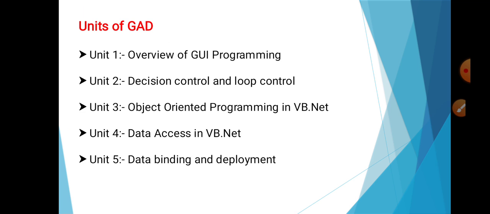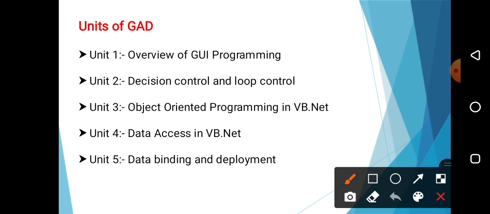So let's start it. Before moving on, let me tell you the different units of GAD. In GAD, you have a total of 5 chapters. The first chapter is Overview of GUI programming. The second one is Decision control and loop control. In the third chapter, we are going to learn about object-oriented programming in VB.NET.